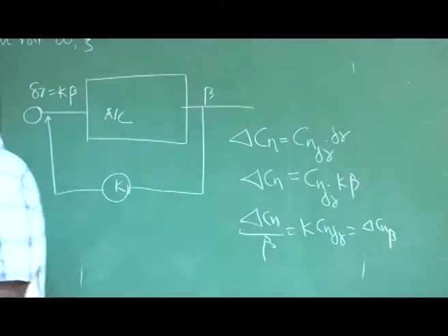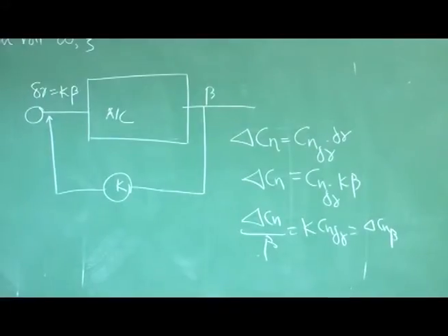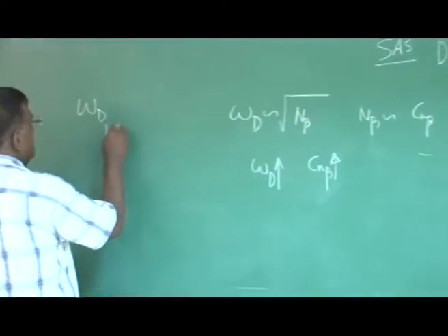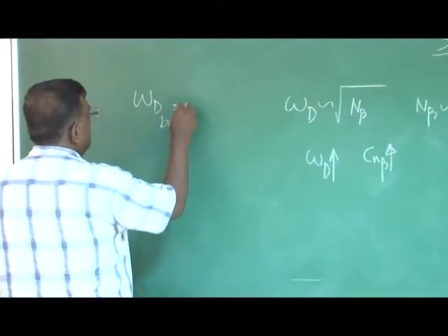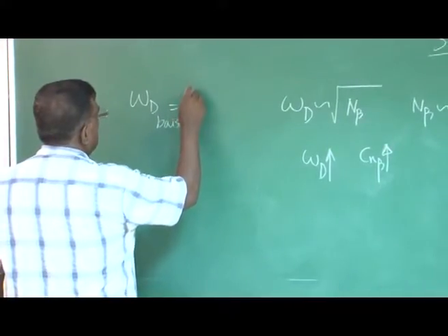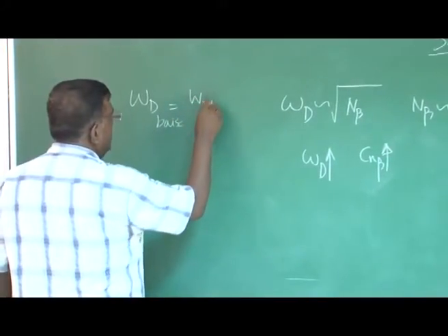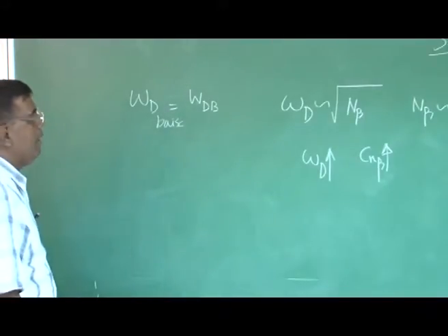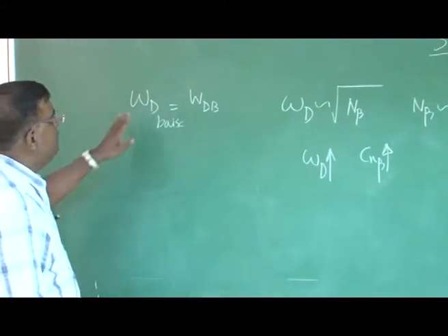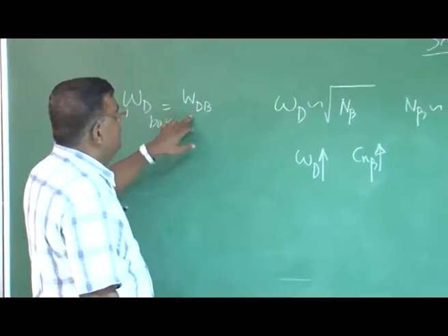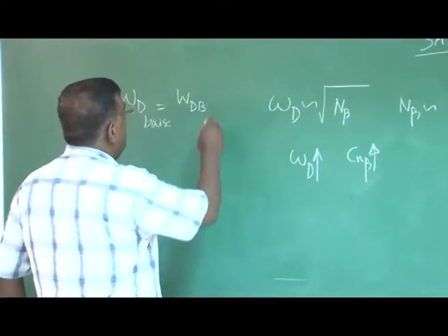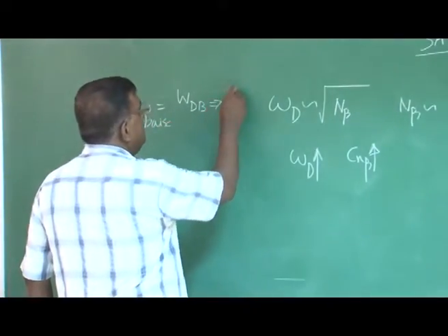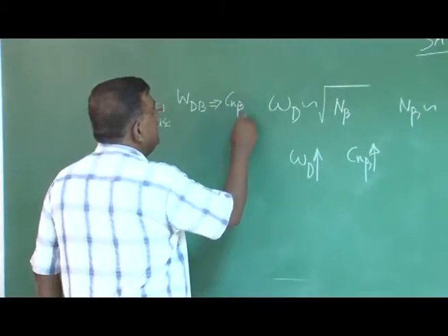So let us come back again here. Suppose I have the basic Dutch roll frequency, omega d basic, and the corresponding Cn beta was Cn beta basic.